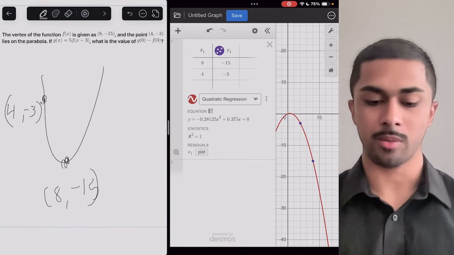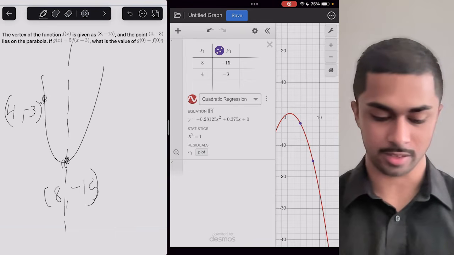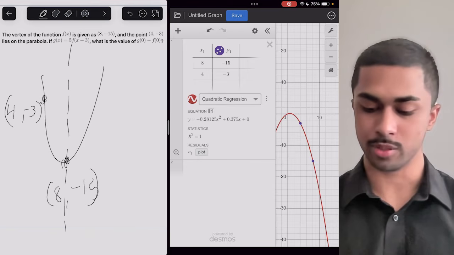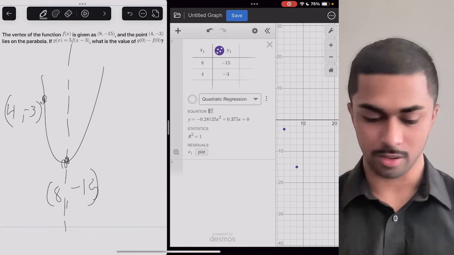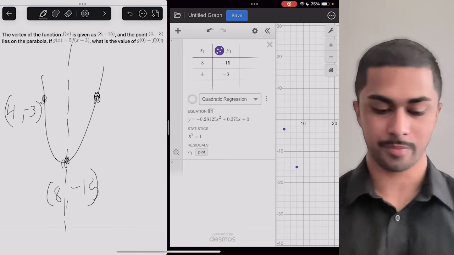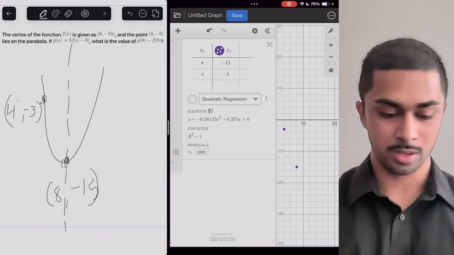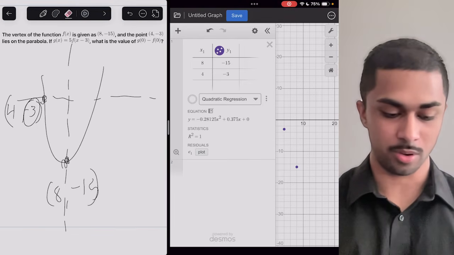What we know about parabolas is that they are symmetric along the x-value of the vertex. So along x equals 8, this parabola is supposed to be symmetric. Let's turn this off so we don't get confused. There should be another point somewhere here because it's symmetric. It mirrors each point.